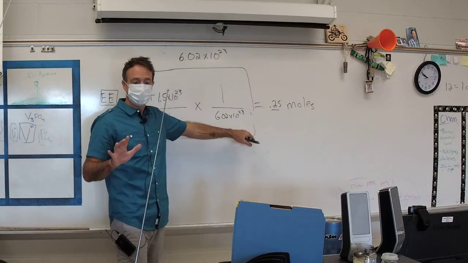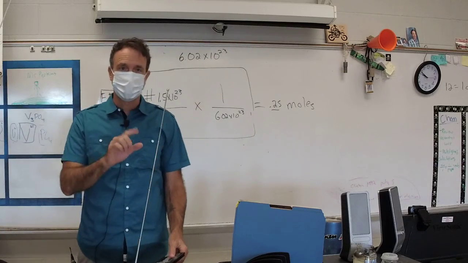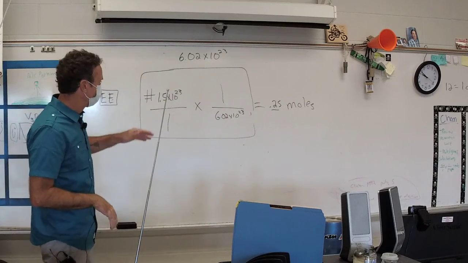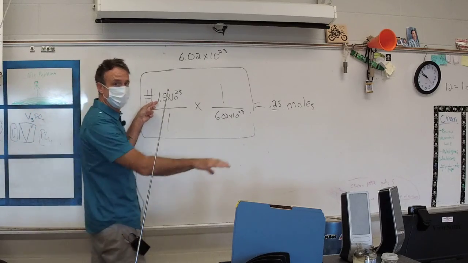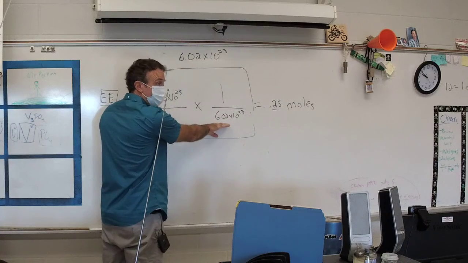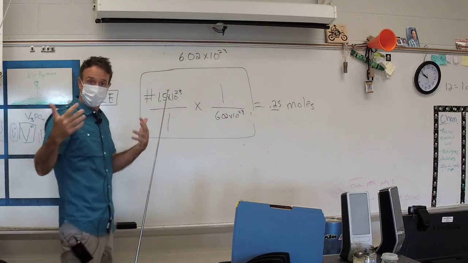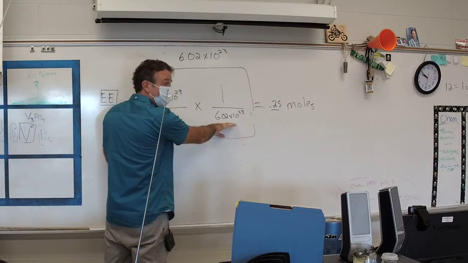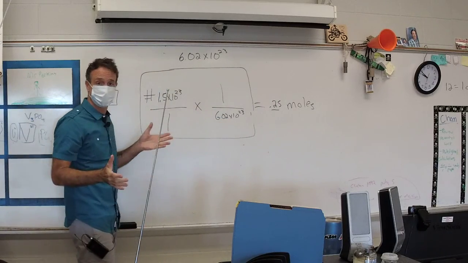That's how simple it is. This is the same problem that we've been doing, except this time we're given a number of atoms and we use the proper number for the number of atoms. The last video we were given a number of grams and we used the proper number for a number of grams. Does that make sense?